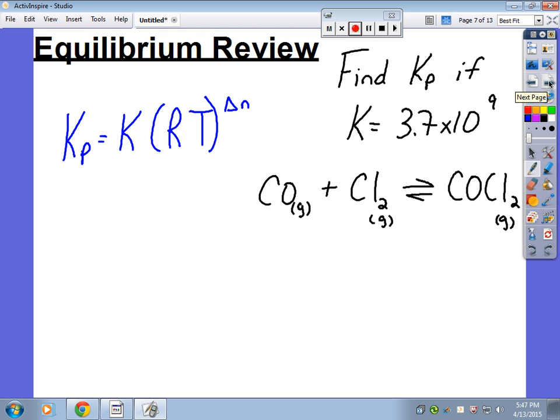Now, for those of you in AP who are interested for honors credit, find Kp if K is equal to 3.7 times 10 to the 9th. Well, this is like saying, I want to know things in terms of molarity, and this is in terms of atmospheres.